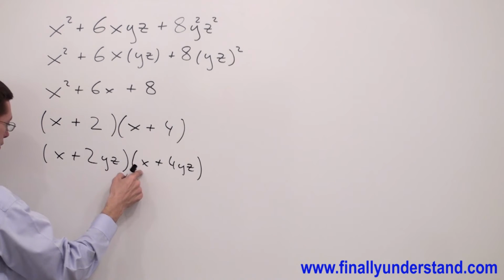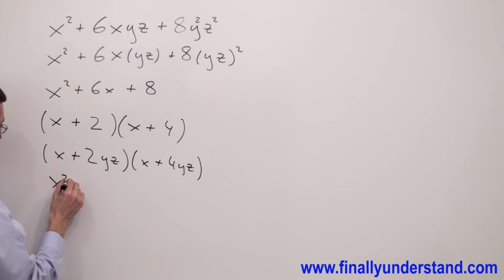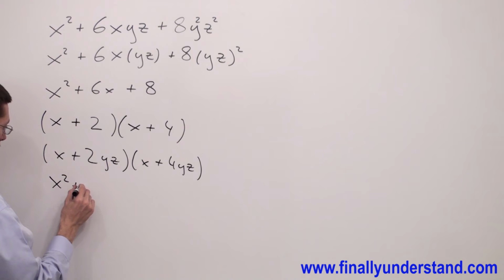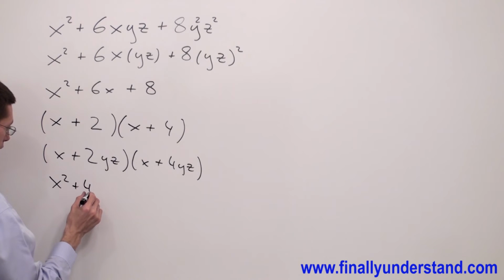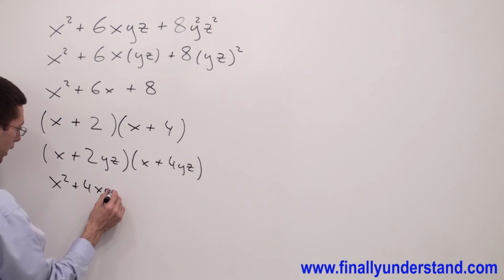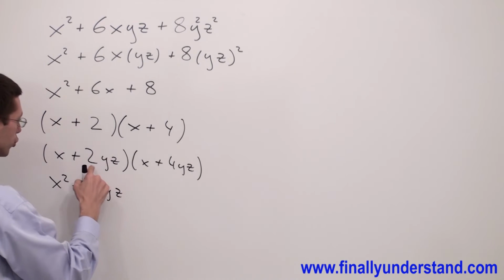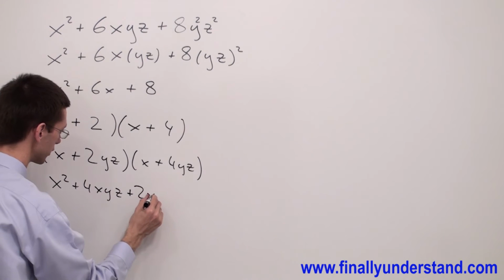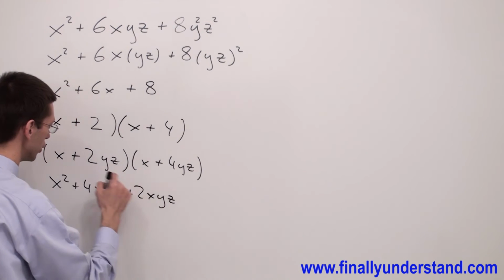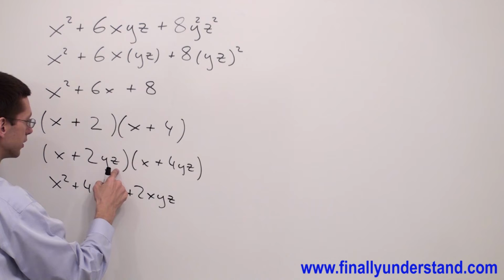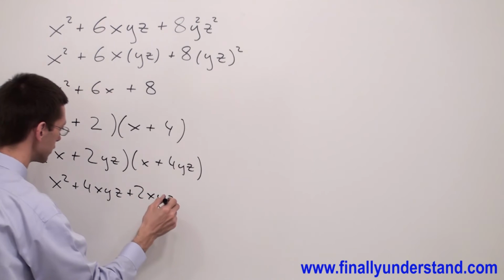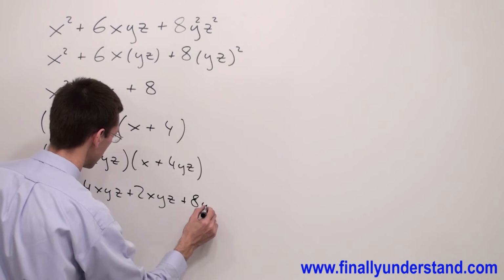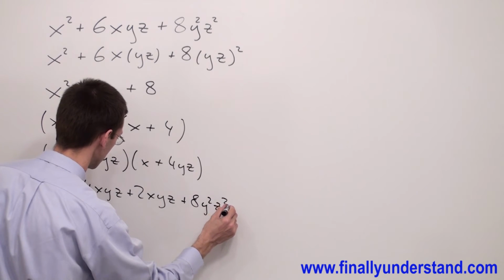x times x gives me x squared. x times 4yz is positive 4xyz. 2yz times x is 2xyz. 2yz times 4yz is 8y squared z squared.